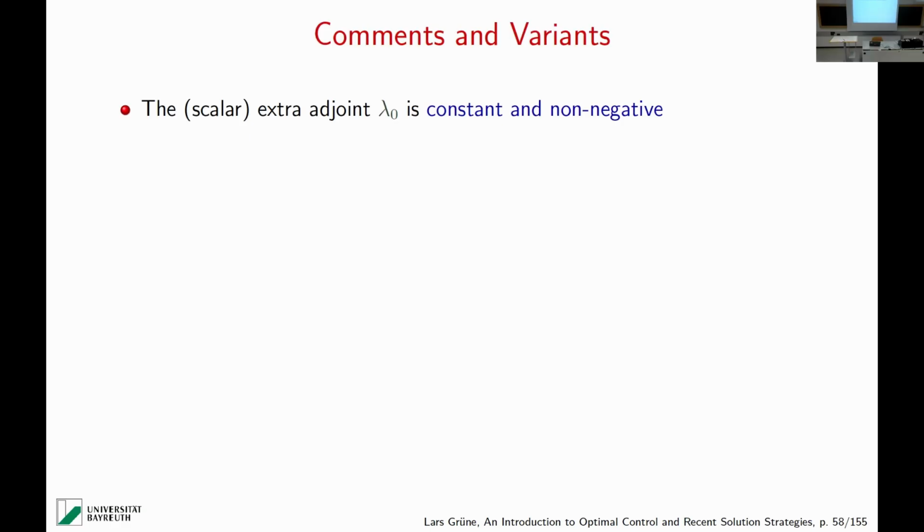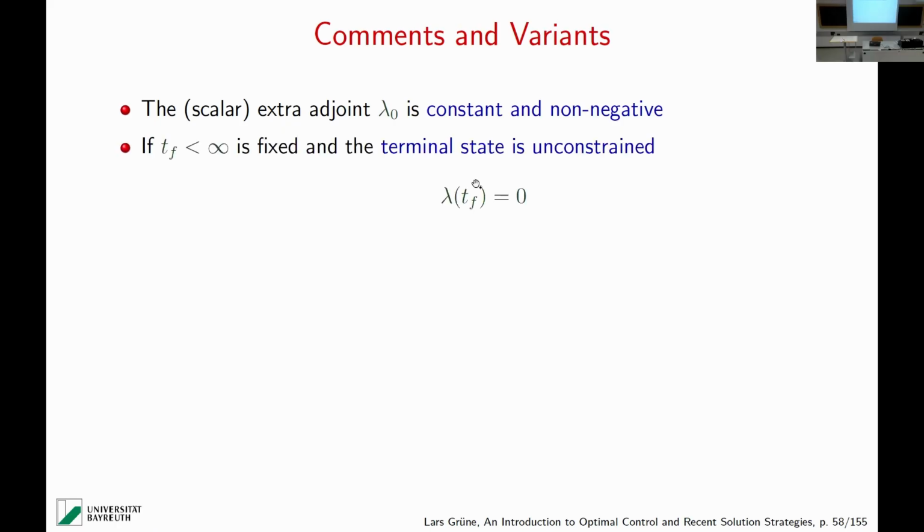A few quick comments and also a discussion of other terminal conditions or other constraints. This scalar adjoint is constant and non-negative. If the final time is fixed, so not an optimization variable, then we get this as an additional condition, like in Euler-Lagrange.